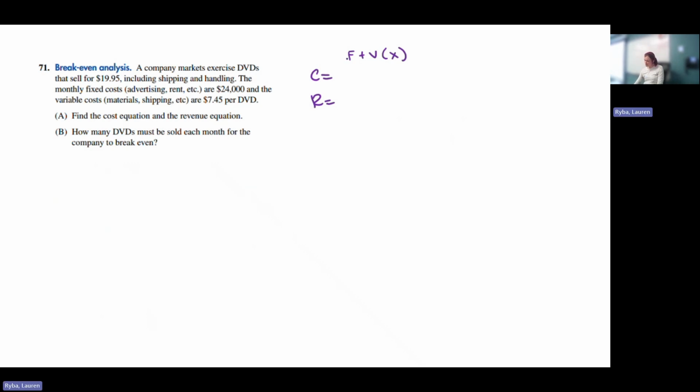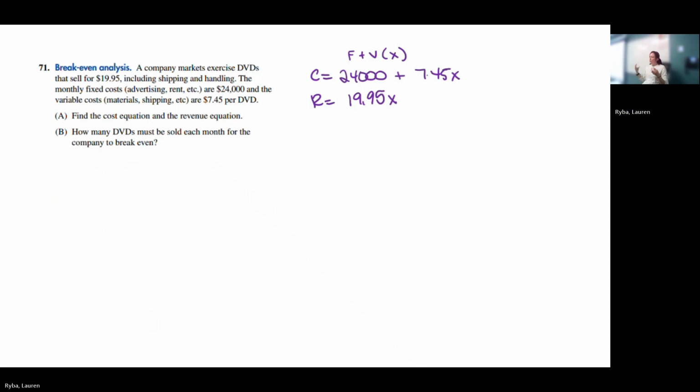Fixed cost is 24,000 plus $7.45x. Revenue. How much do I make? $19.95 per x.